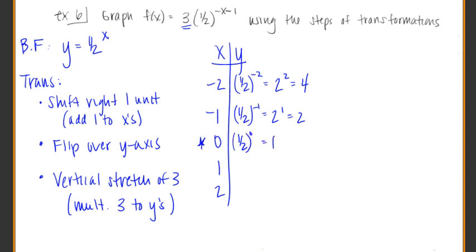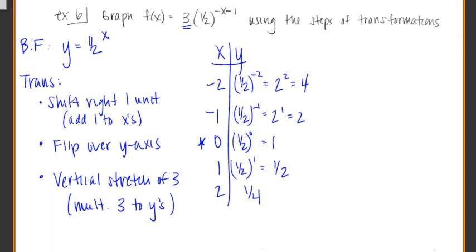Again, that very important point that all basic graphs go through for exponential functions. 1/2 to the first is 1/2, and then 1/2 squared would be 1/4.